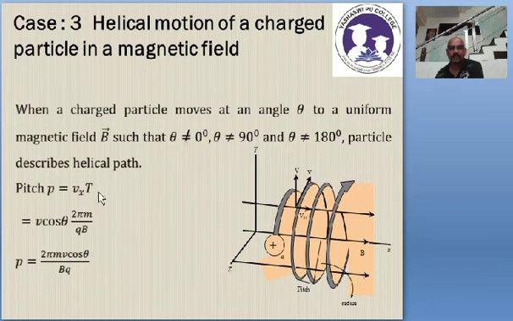Therefore Vx into t. Vx is equal to V cos theta, and time is equal to 2 pi m divided by qB. Therefore pitch is equal to 2 pi m V cos theta divided by qB. That is one important thing you should learn in helical motion.